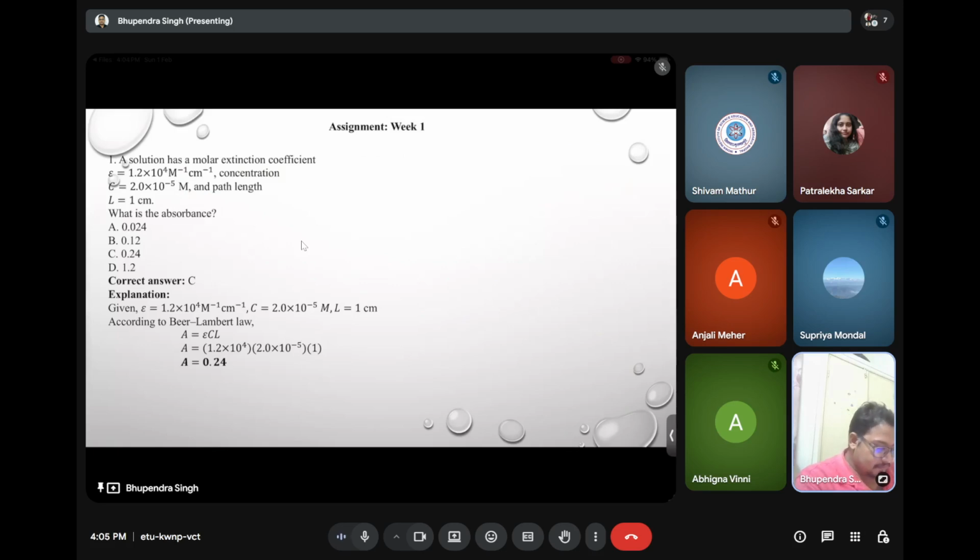So how many of you have solved this question? A solution has a molar extinction coefficient, concentration and path length given. What is the absorbance? How many of you know this formula?